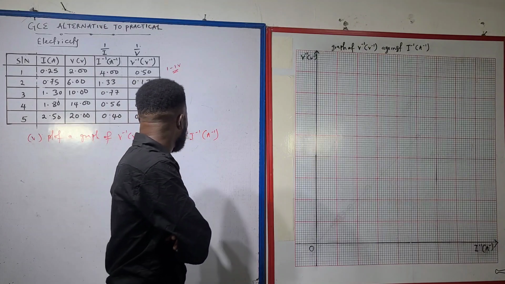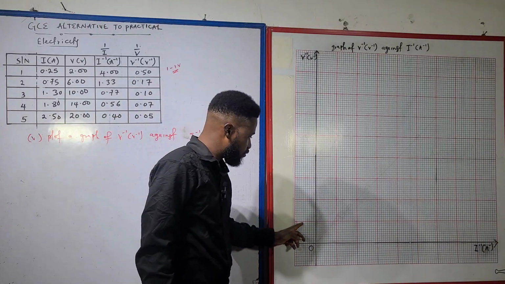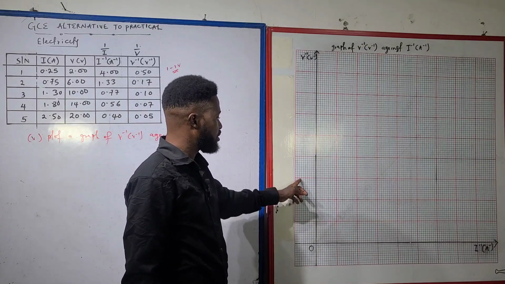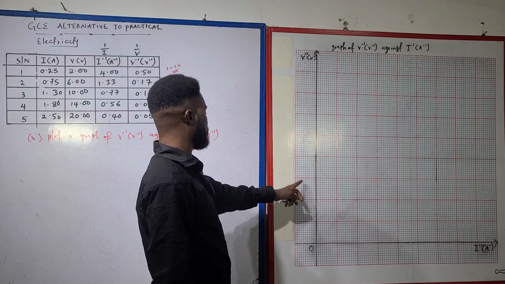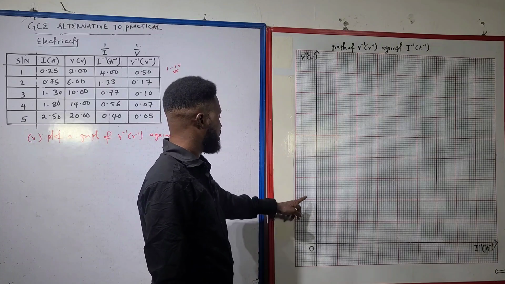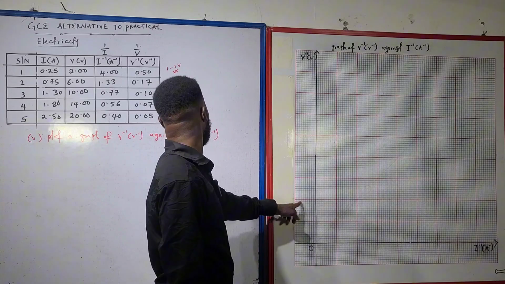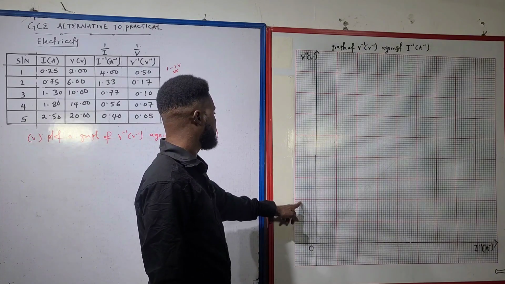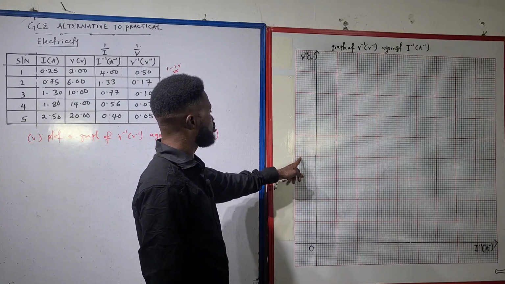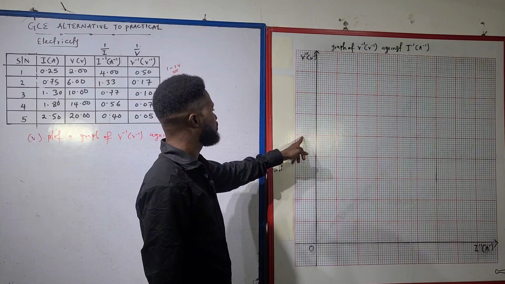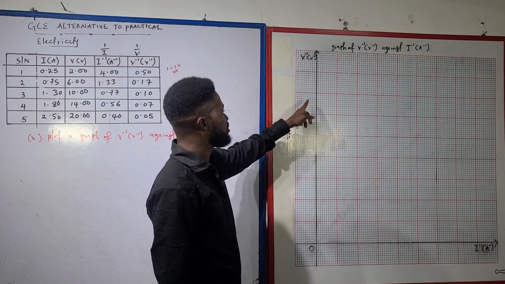I am thinking of using 0.05, 0.1, 0.15, 0.2, 0.25, 0.3, 0.35.